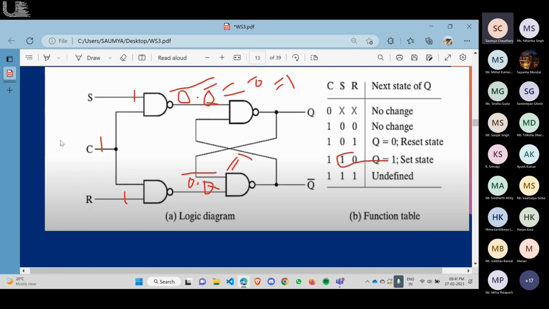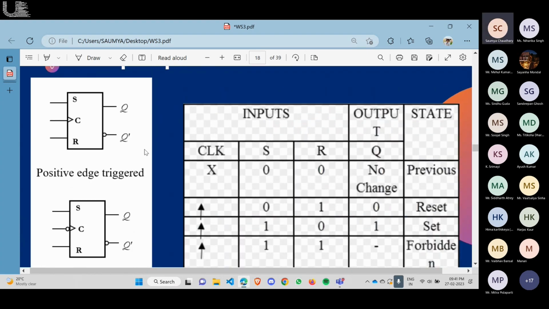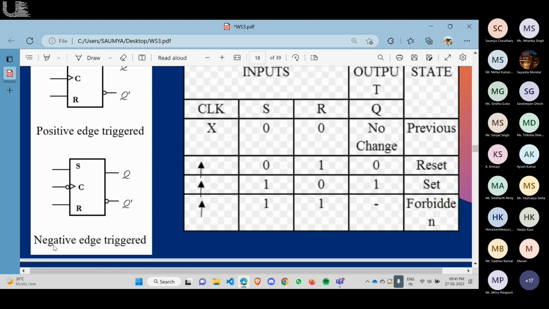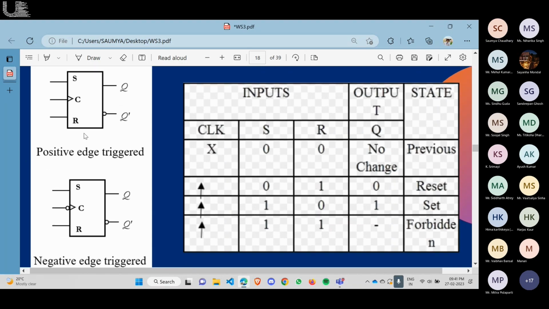When it is at the same level, like when it is on 0 or 1, the output will not change. We denote the clock with this arrow. This is positive edge triggered, and when it is negative edge triggered, we put a bubble over here.